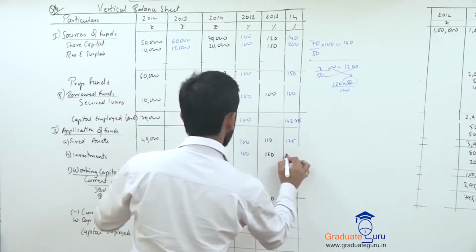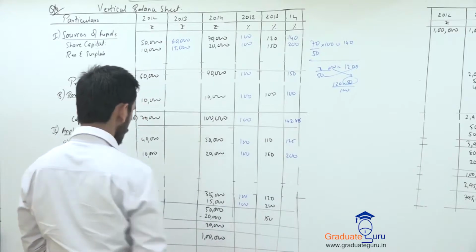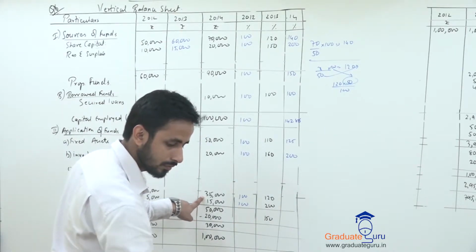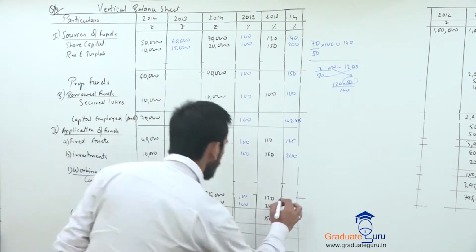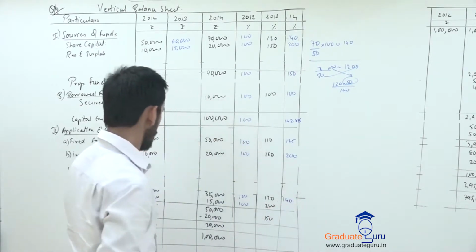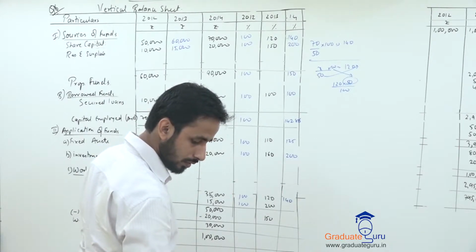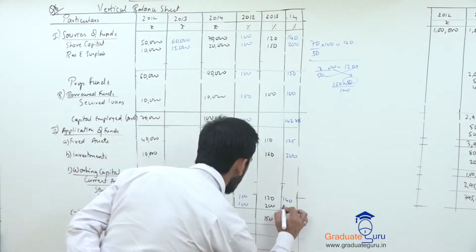This is 200. Acha, now this one also, 35 divided by 25, 140. 15 divided by 5, 300%.